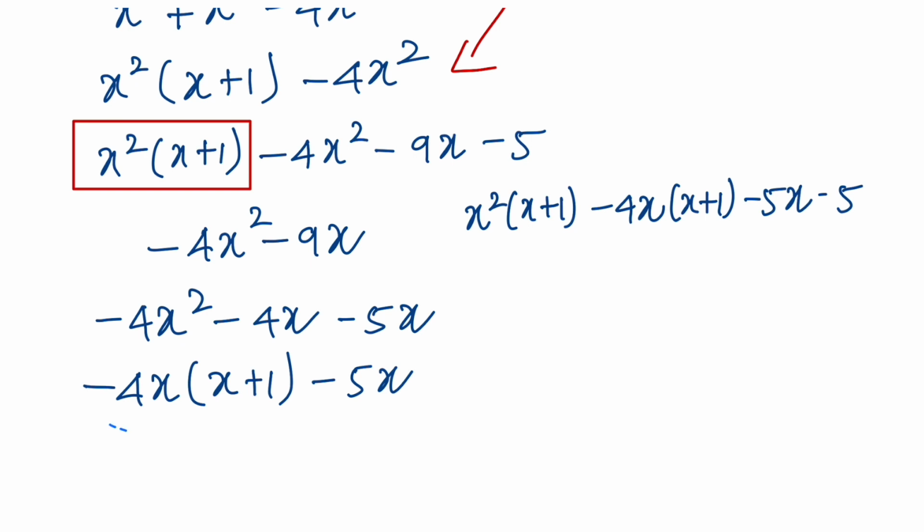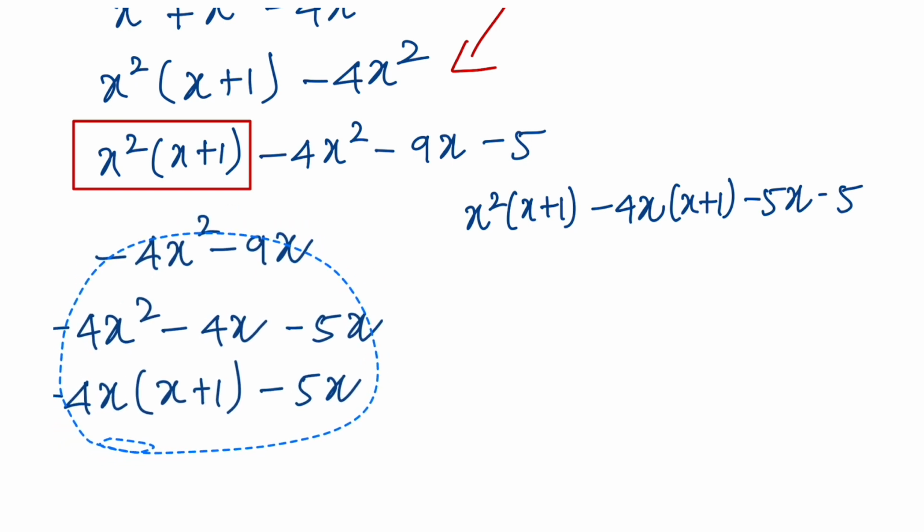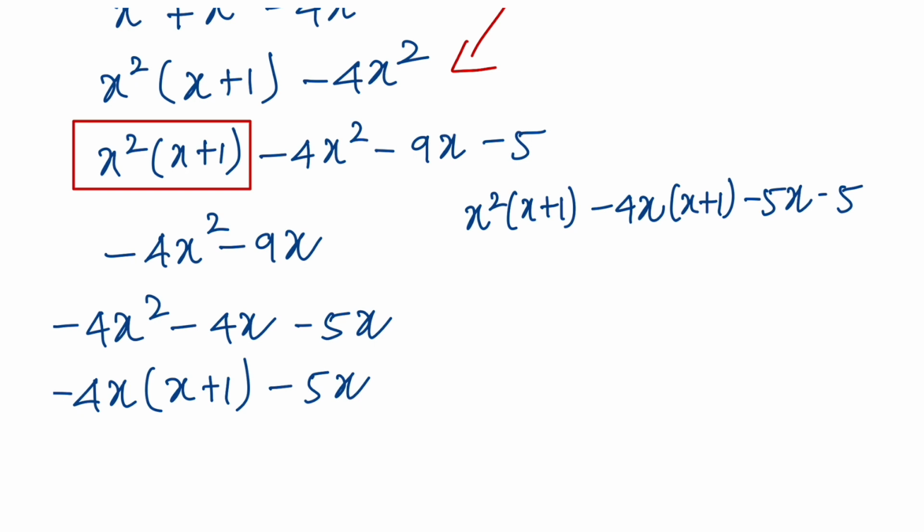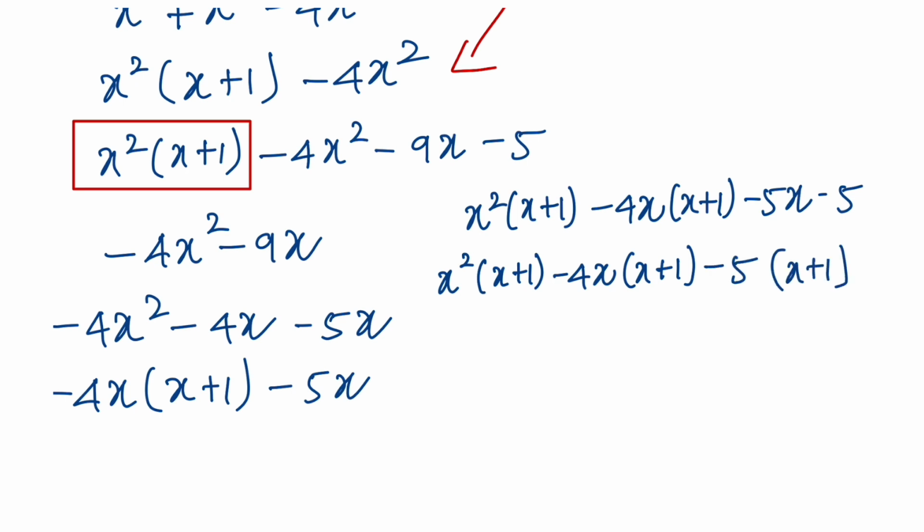Okay, the next thing that we are going to focus on is how we can bring x plus 1 to those two terms. So that is going to be very simple, as you can see and you have guessed already. These two terms have minus 5 as a common factor. So minus 5, if you take it out, that becomes x plus 1. Now as you can see, all these three terms have x plus 1 as a common factor.